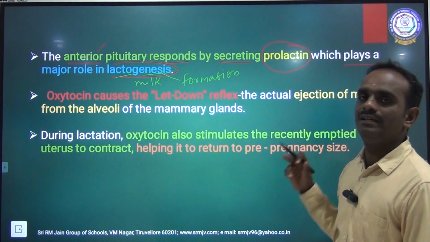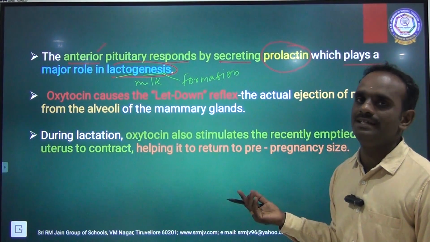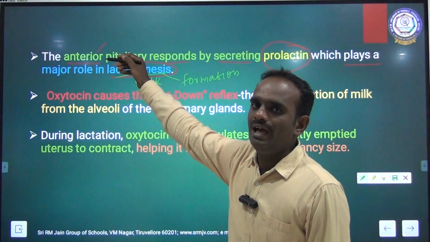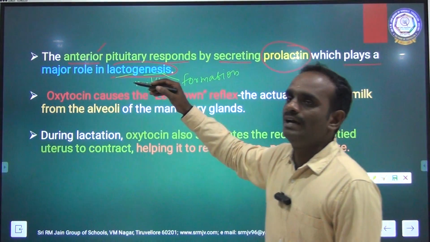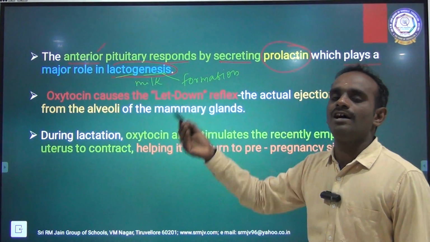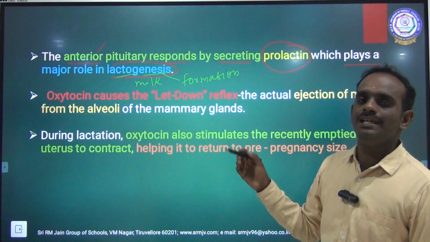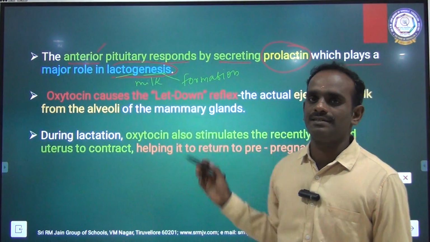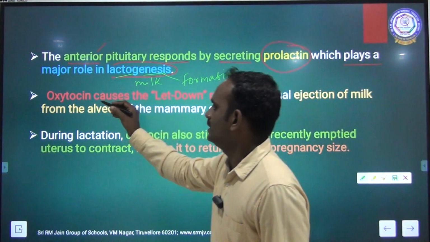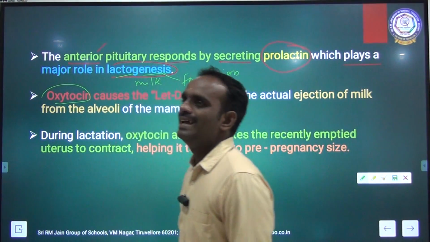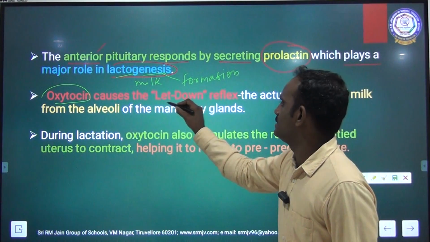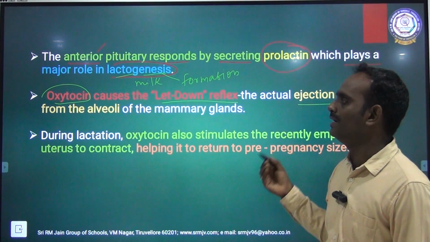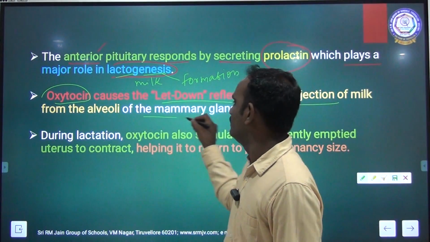How is prolactin produced? The hypothalamus stimulates the anterior pituitary, and this anterior pituitary responds and releases a hormone called prolactin, which plays a vital role in lactogenesis. Clear? Then oxytocin. Oxytocin causes the let down reflex, the actual ejection of milk from the alveoli of the mammary gland.